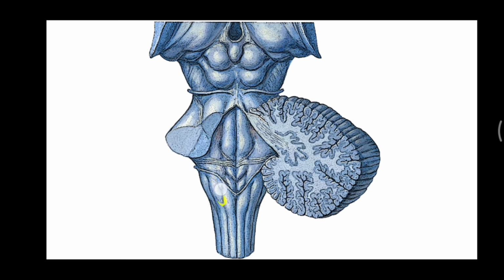This is the cuneate tubercle, which is located somewhat rostrolateral to the clava. The gracile tubercles of both sides are connected by a V-shaped sheet of ependyma, which forms the lowest part of the roof of the fourth ventricle.